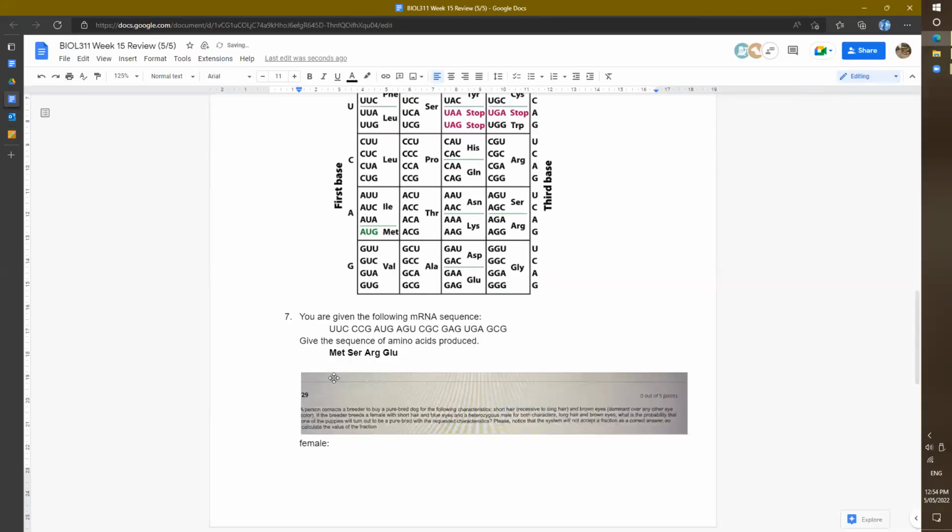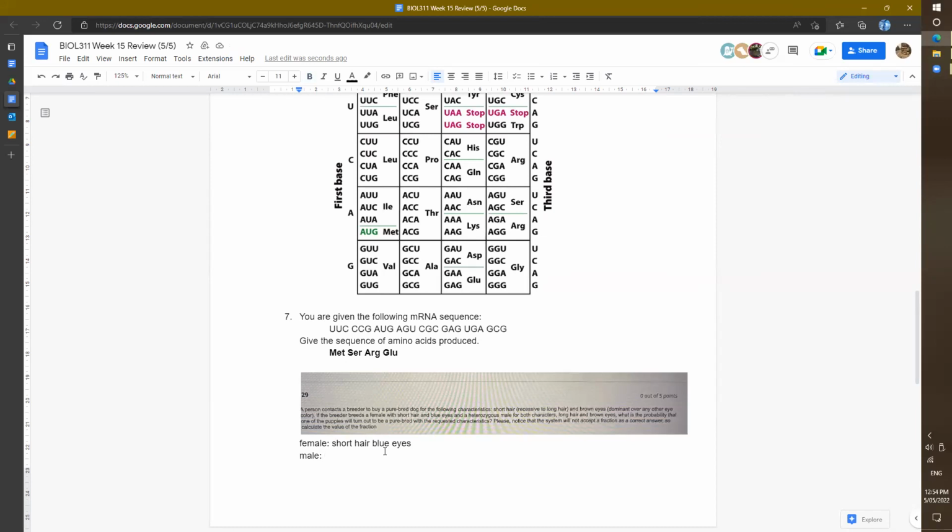So we have a female who has short hair and blue eyes, who crosses with a male that is heterozygous at the loci for hair and brown eyes. So if they're heterozygous, what kind of hair length are they going to have?